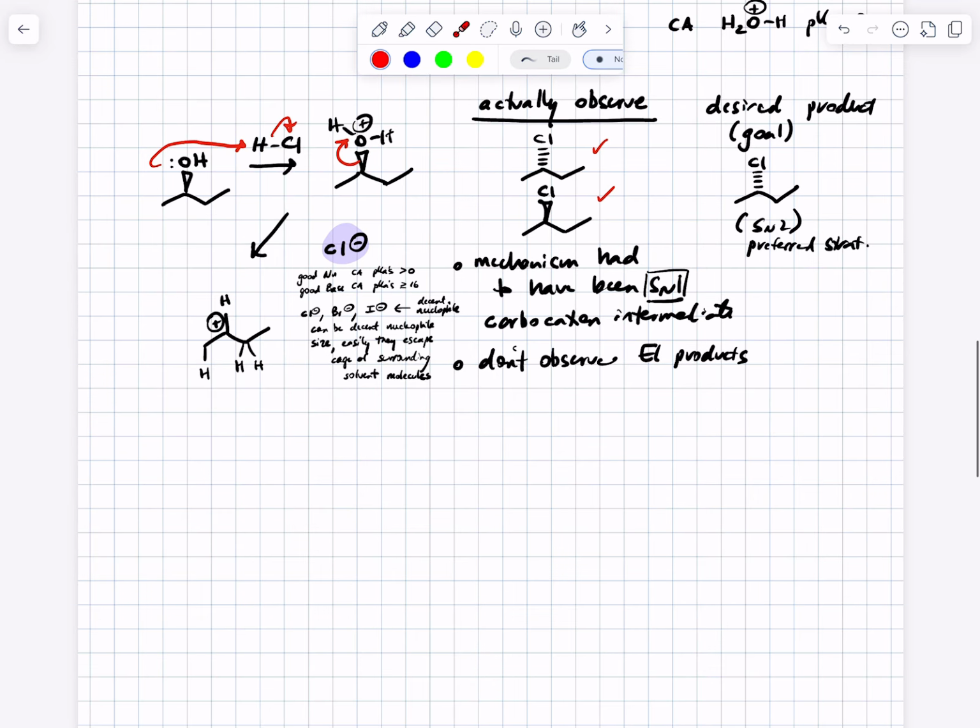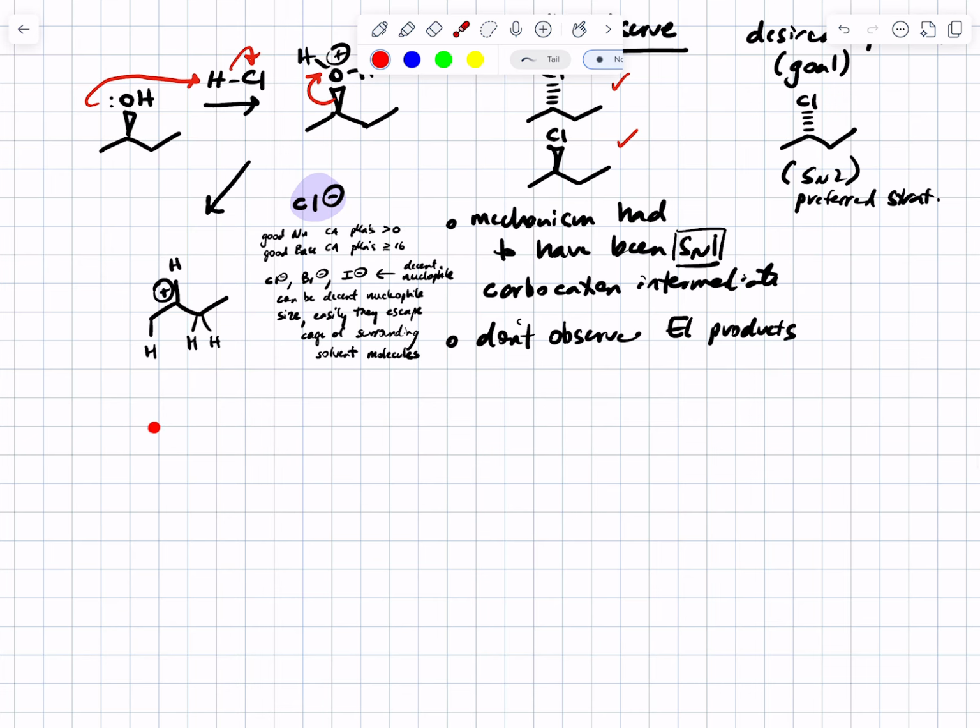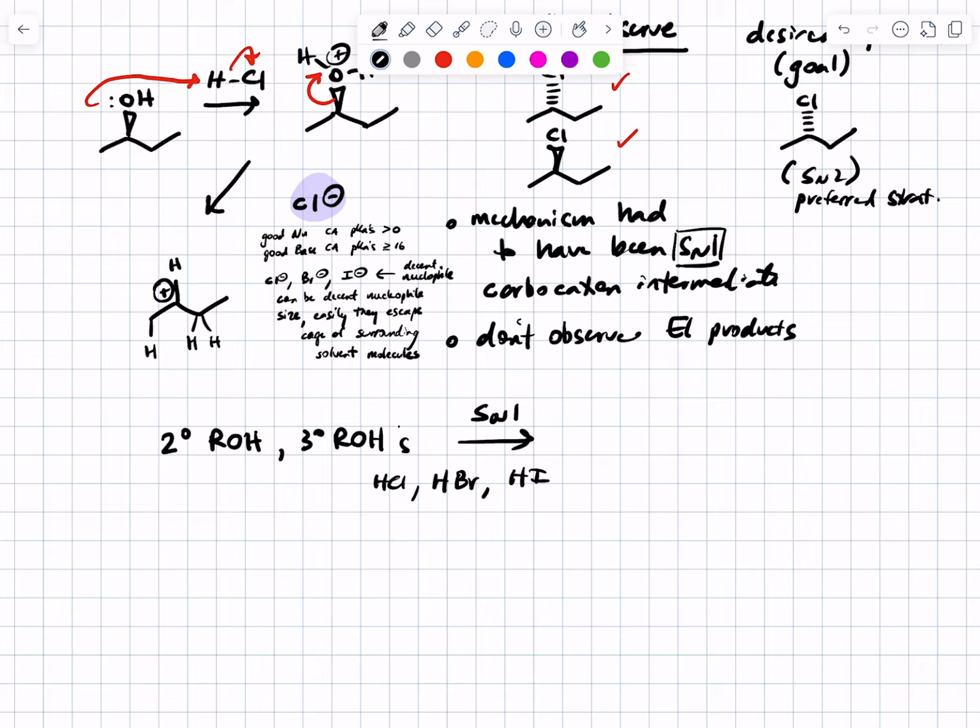But it turns out that if you do these similar experiments with other alcohols, the general trend is that secondary and tertiary alcohols proceed via SN1 with HBr, HI, and HCl, and you don't see elimination products. It turns out that for a primary alcohol, SN1 is not an option because a primary carbocation is too unstable.